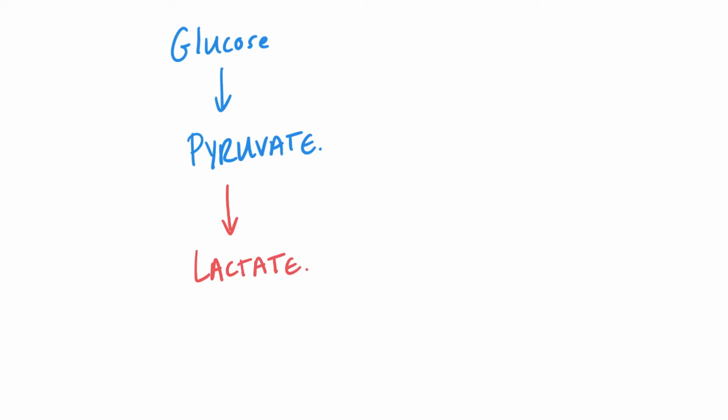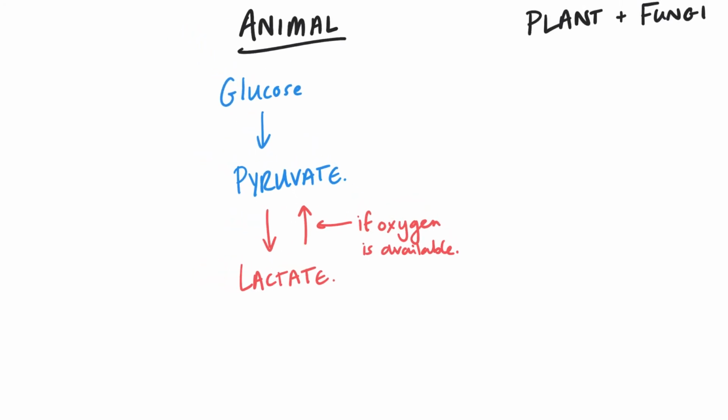However, if the oxygen debt is repaid, so if oxygen then becomes available, we can convert that lactate back to pyruvate and go down the normal aerobic respiration pathway to release lots of energy. So in fermentation in animal cells, we have glucose to pyruvate, pyruvate to lactate. If oxygen becomes available, that lactate can go back to pyruvate and then go on the normal pathway.